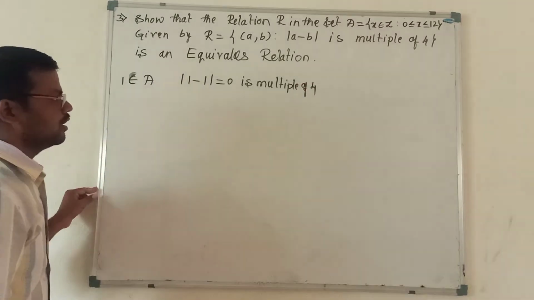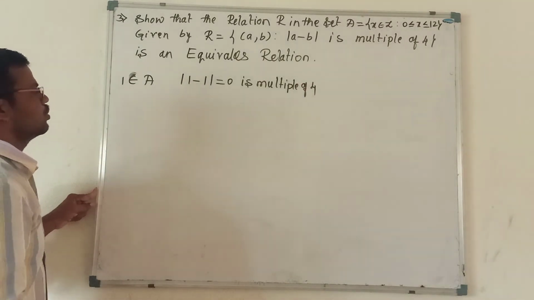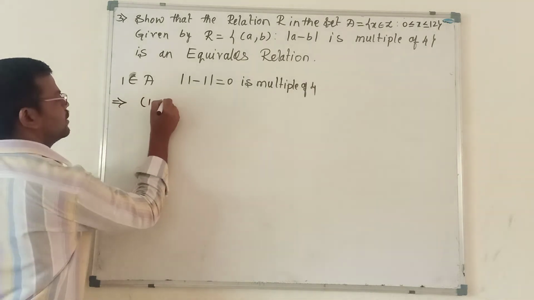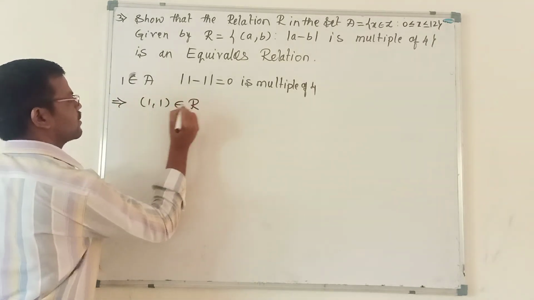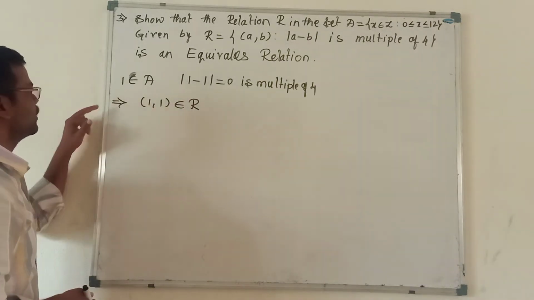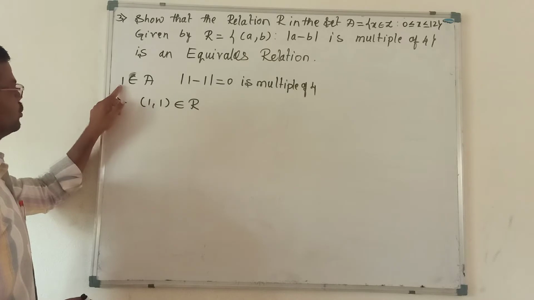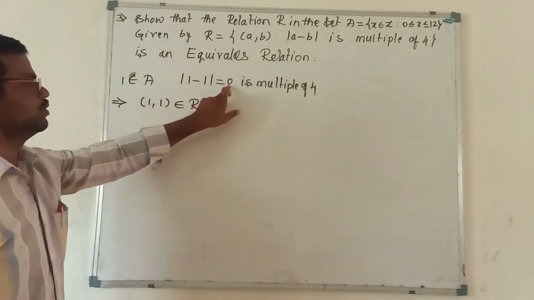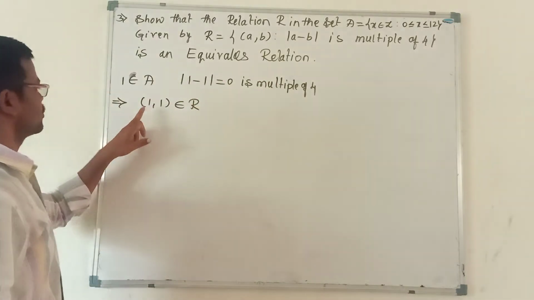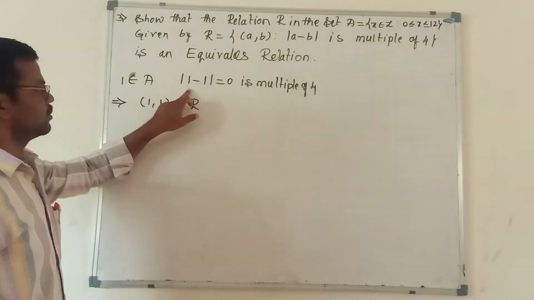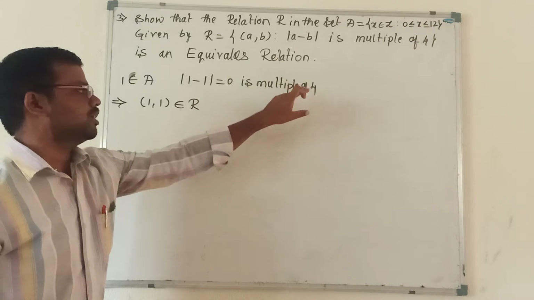If it is a multiple of 4, it implies that 1 comma 1 belongs to R. So for every number belonging to A, it holds true. For example, if you take 0, 0 minus 0 is 0, which is a multiple of 4. So 0 comma 0 also belongs to R.